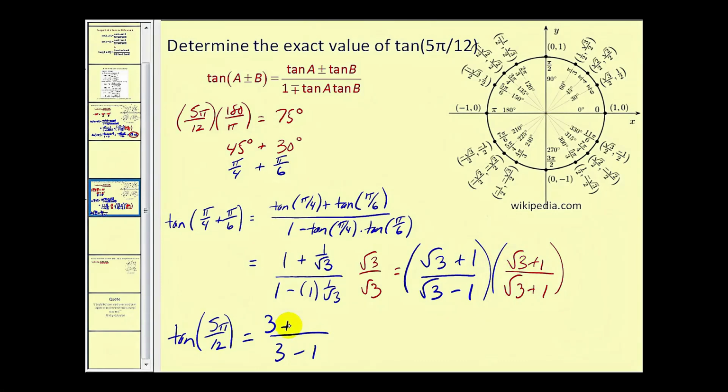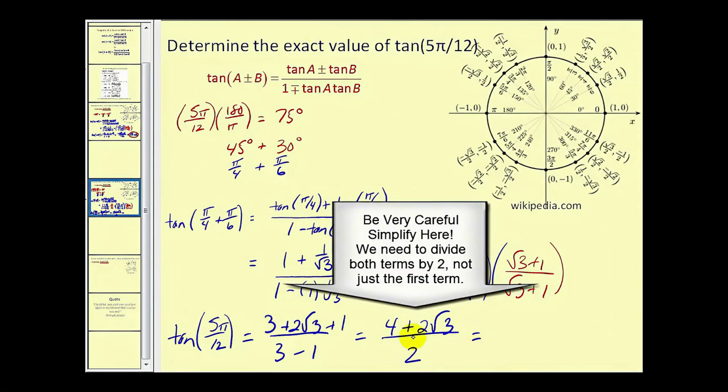That's 2 square root 3. And then 1 times 1 plus 1. So continuing to simplify, we have 2 in the denominator. We have 4 plus 2 square root 3. And again, this simplifies nicely. 4 divided by 2 is 2. 2 square root 3 divided by 2 is square root 3.